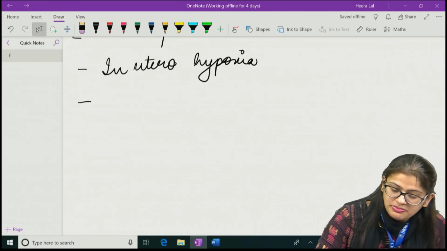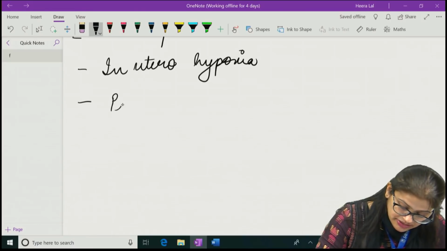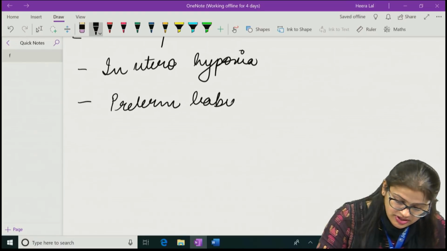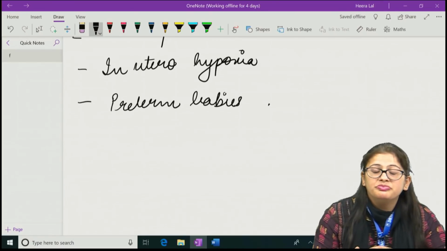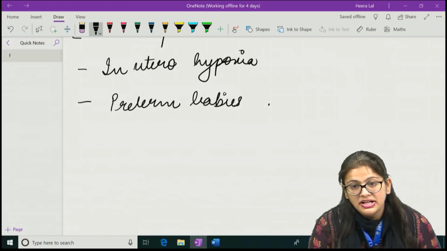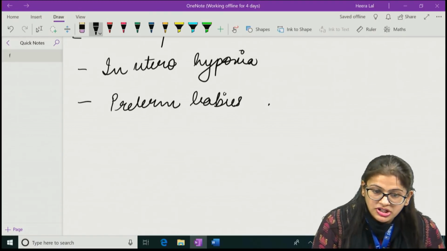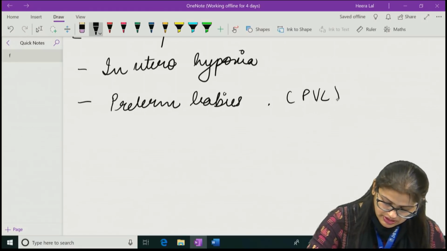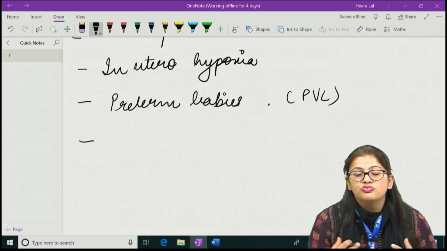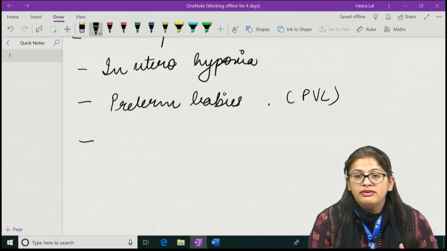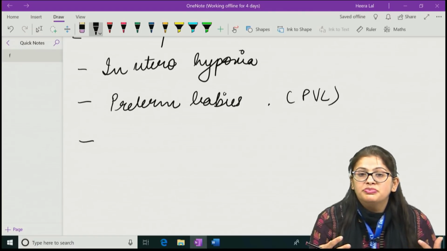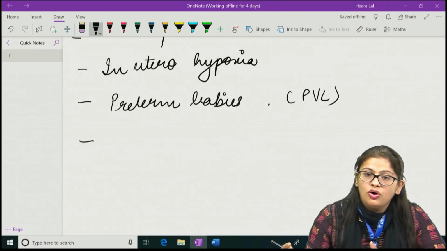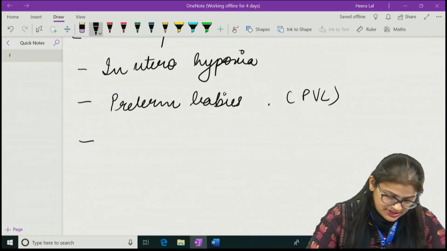The prevalence of CP is high in preterm babies, particularly if their weight is less than 1000 grams, and this mainly results due to intraventricular hemorrhage and periventricular leukomalacia. Dyskinetic CP is more common in children who develop neonatal jaundice or kernicterus. These children are more likely to develop the extrapyramidal or dyskinetic form of cerebral palsy.